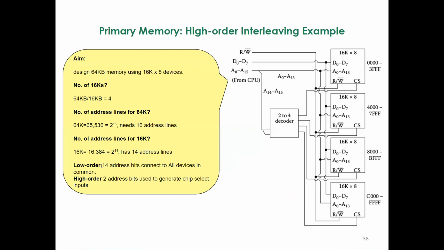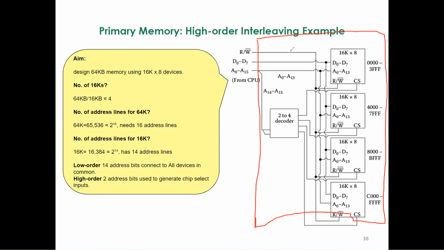So the lower 14 address lines will go straight to each of the chips. Okay, so you have your A0 to A15. This is like the parent address which goes to your memory. The processor sees it as one module, but in structure, it's built by interleaving multiple modules.